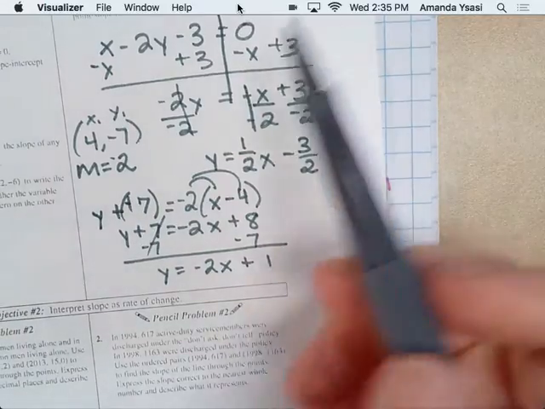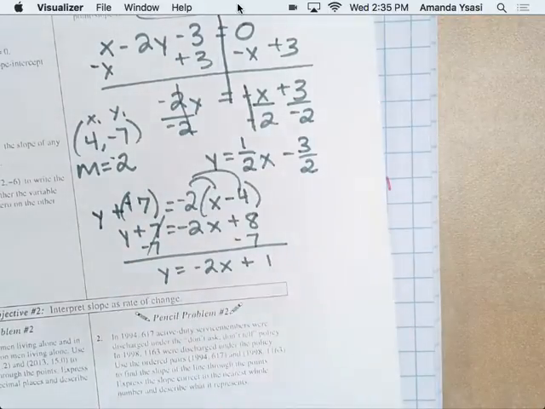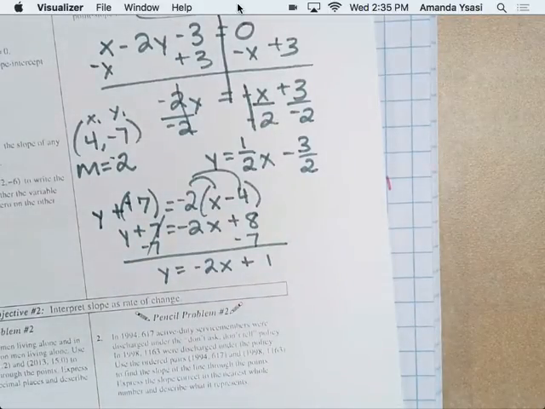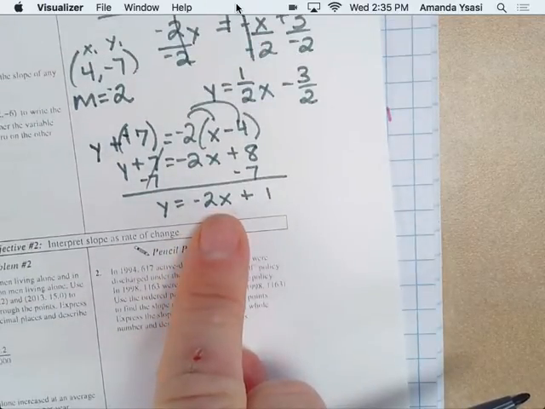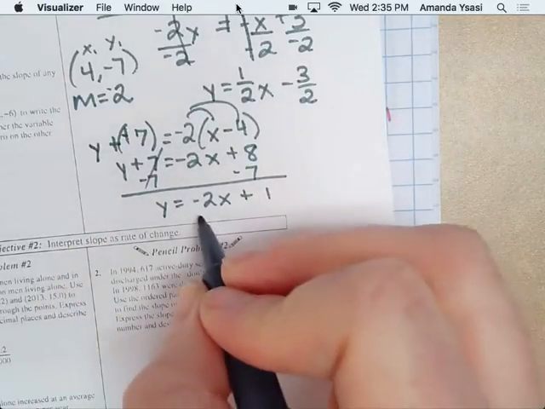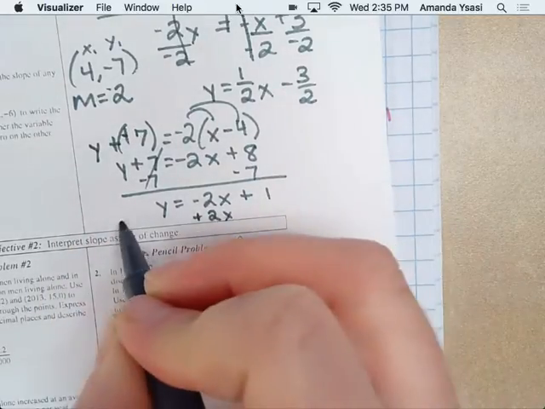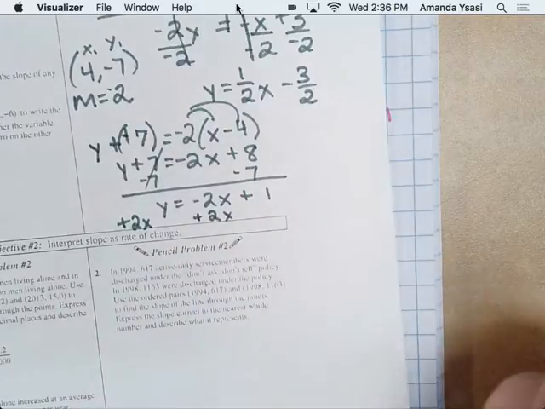The only other thing it asks for is the equation in general form. So general form is ax plus by equals c. So we actually need to move this -2x to the other side. So we have the ax plus by equals c.